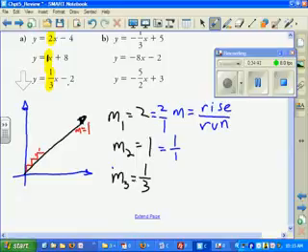So that would be a point right there. Up 2, over 1. So something like that. And then this one here, it's saying we go up 1 and then over 3.